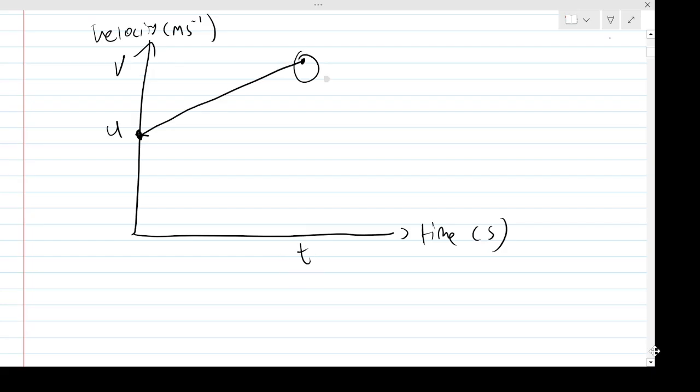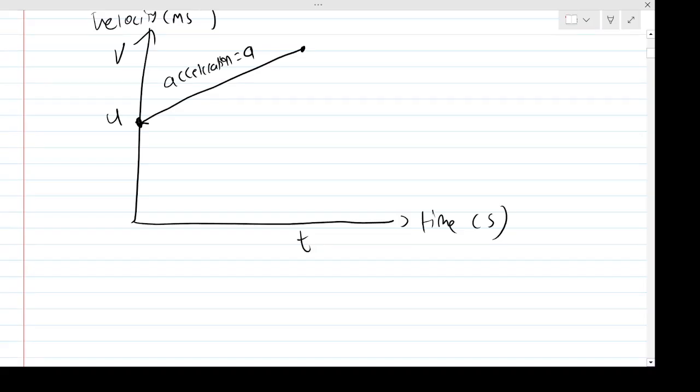Now I mentioned the acceleration is just a, right? Well, actually, when we looked at velocity graphs last time, we said that the acceleration is basically the gradient. And what would be the gradient here?